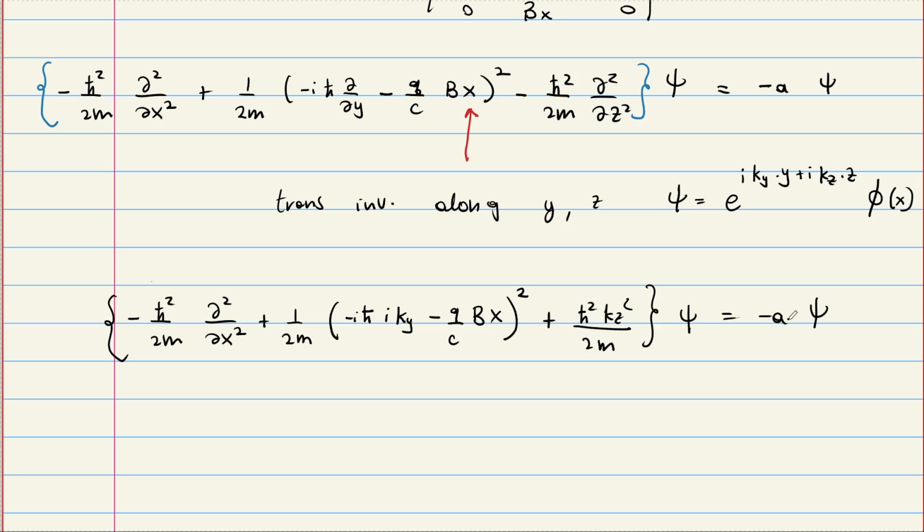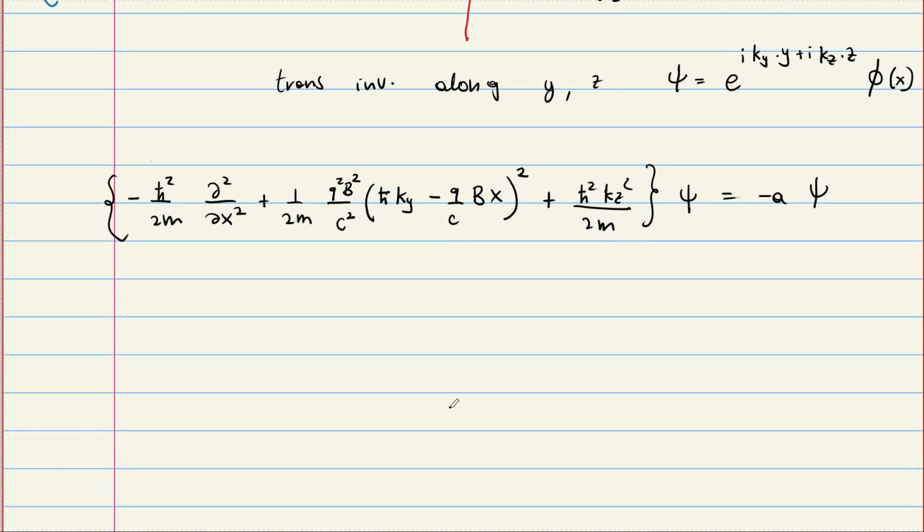Good. Now let me clean up. Minus I times I is plus, and I have h bar k here. And what I want to do is take this qb over c outside. So this is going to be q squared b squared over c squared.